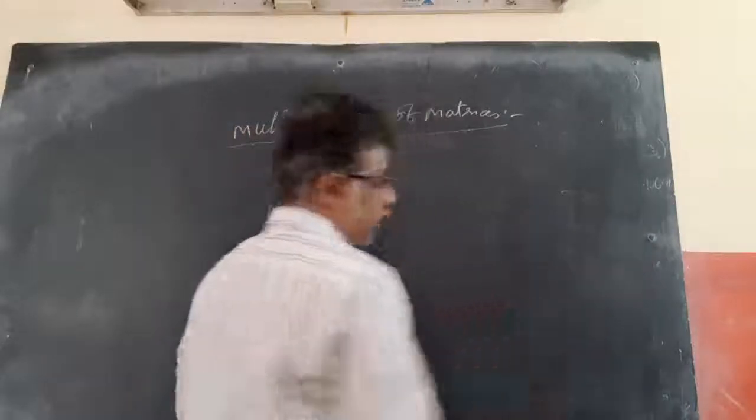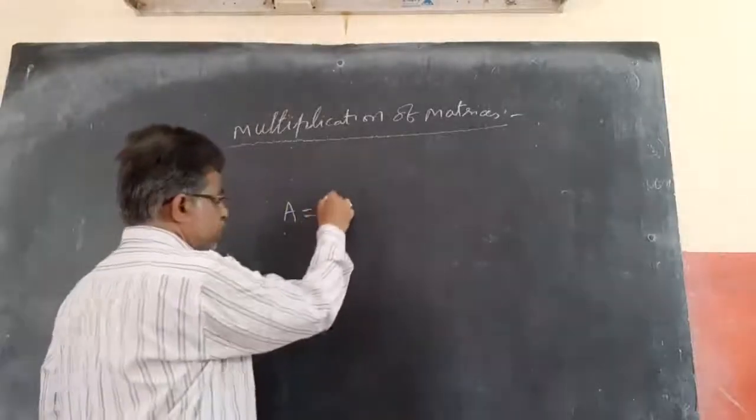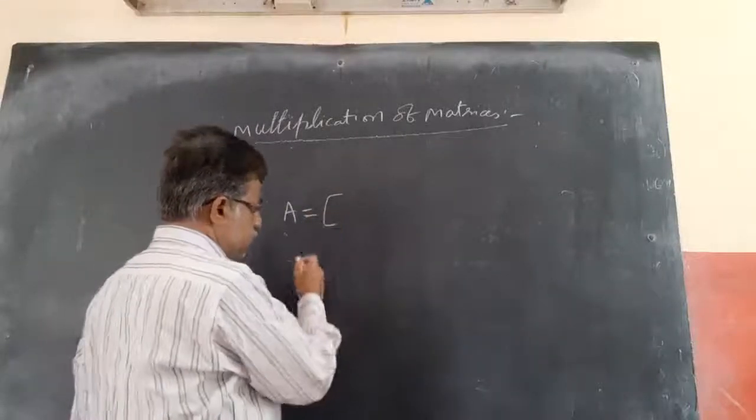So what I told is, the number of columns of the first matrix must equal the number of rows of the second matrix, then only matrix multiplication is possible.